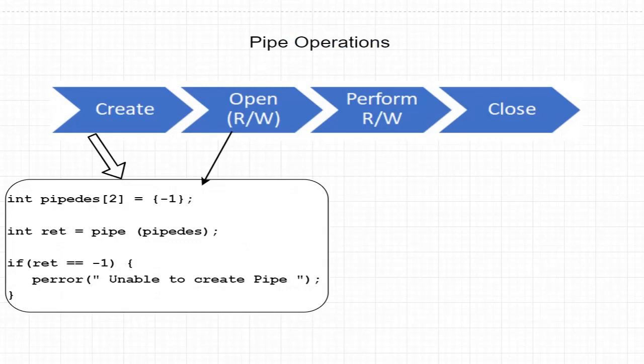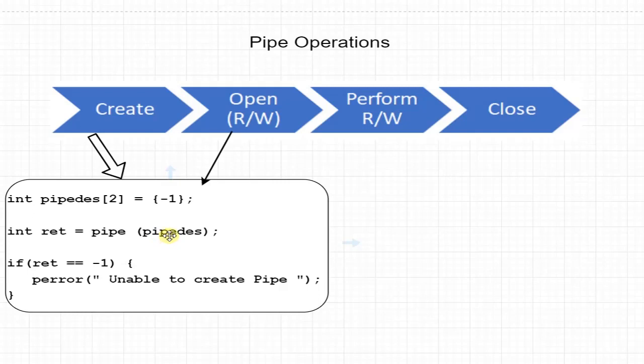Now let us take a look at each stage of the pipe operations. At the first stage, we create the pipe using the pipe system call, for which we need an array of two integers. These represent the two descriptors of the pipe, the read end and the write end. So initially we create an array of two integers and initialize it to -1. Then we create a pipe using the pipe system call, wherein we pass this array of two integers.